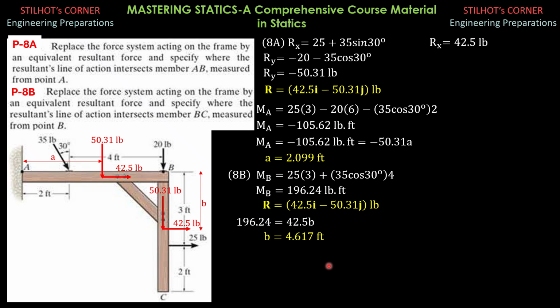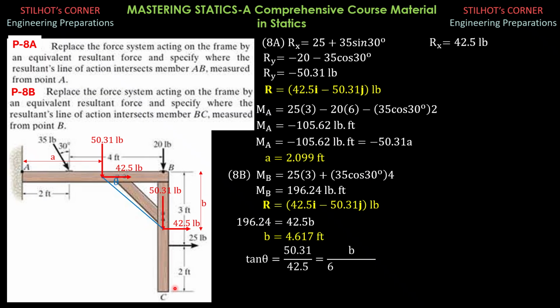Another way of computing B is we have this triangle and the angle that the resultant makes with the horizontal, called that theta. We can solve that tangent of theta is vertical 50.31 divided by horizontal 42.5.